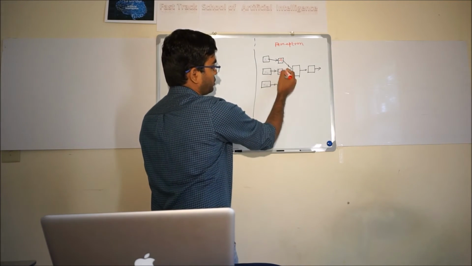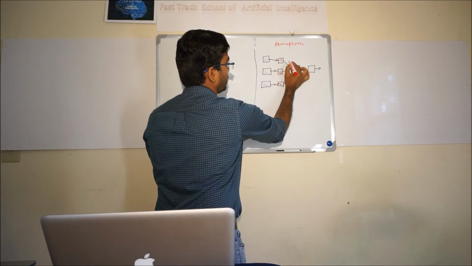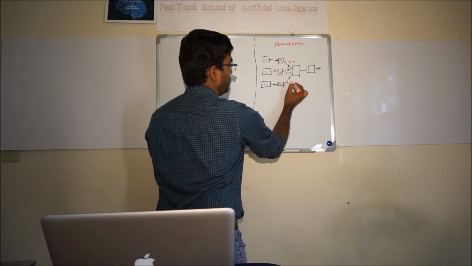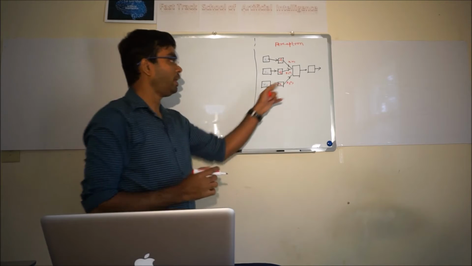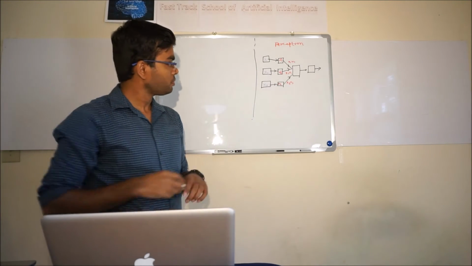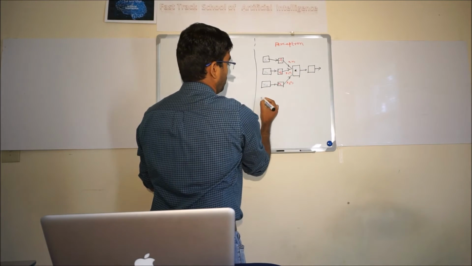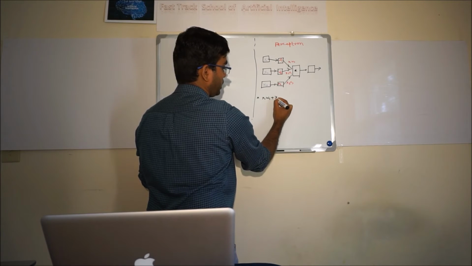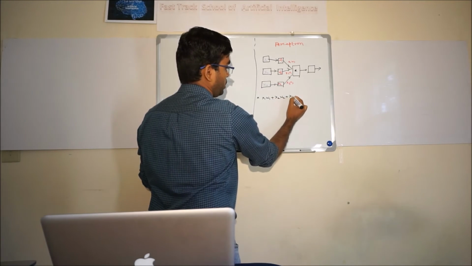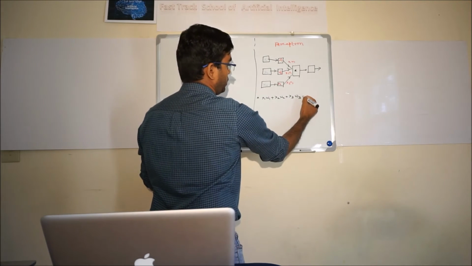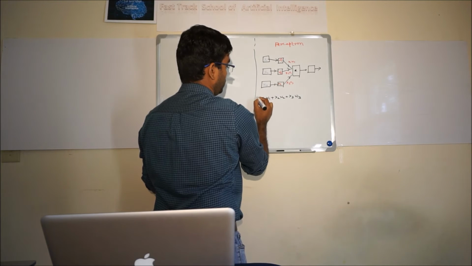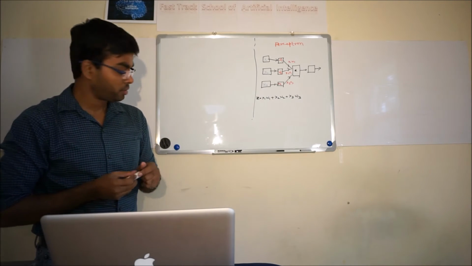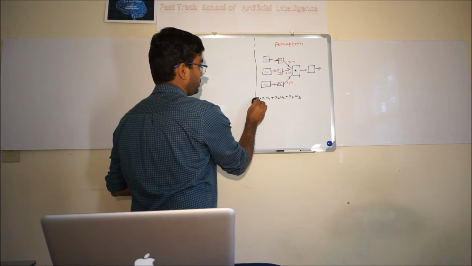This is the linear multiplication of these contents. So the output of this set is x1W1, x2W2, x3W3. This is called net input. So this is nothing but x1W1 plus x2W2 plus x3W3. Let's keep it as it is.